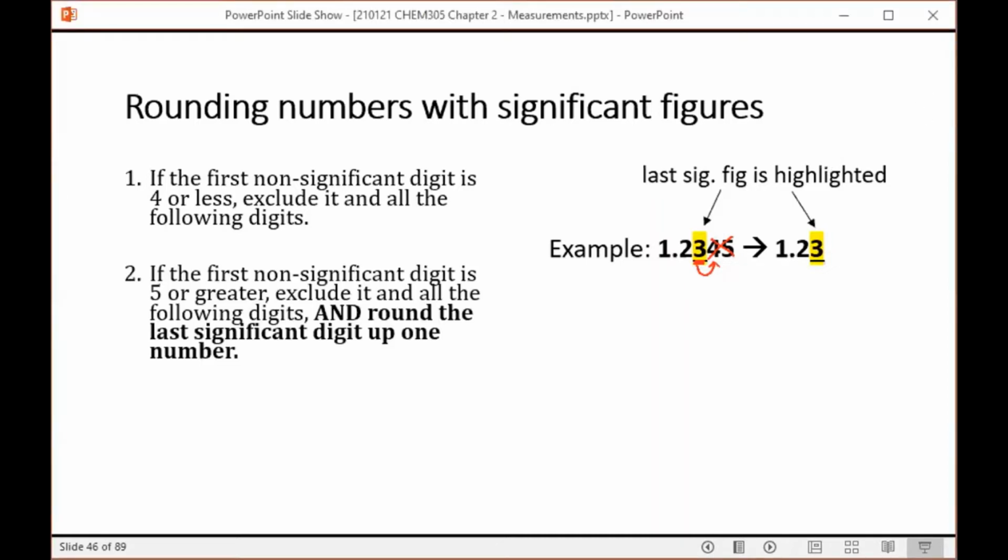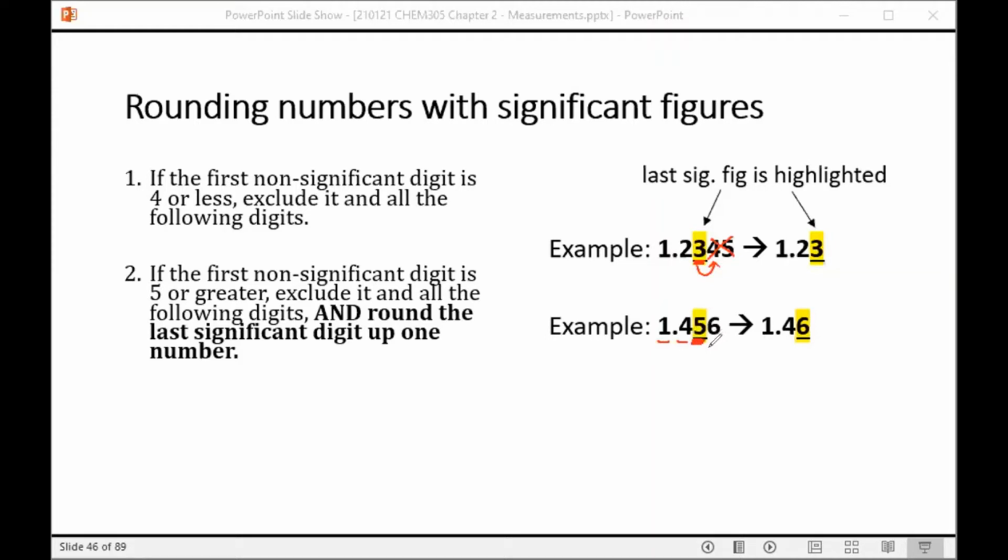If the first non-significant digit is 5 or greater, you exclude it and all the following digits, but you're going to round up the last significant digit. So for example, if we have 1.456 and we want to round it to 3 sig figs, you count over 3 sig figs. Here's 1, 2, 3.